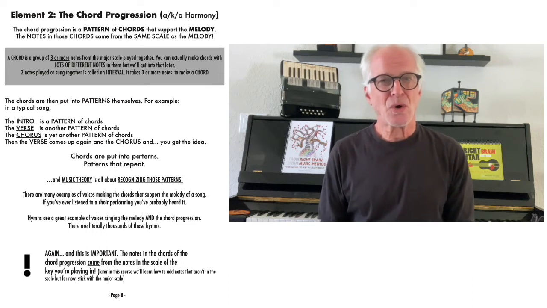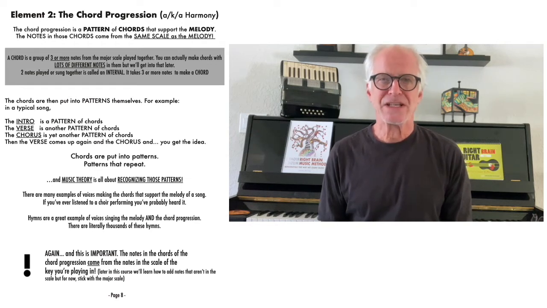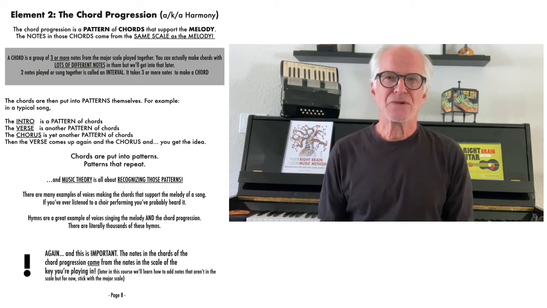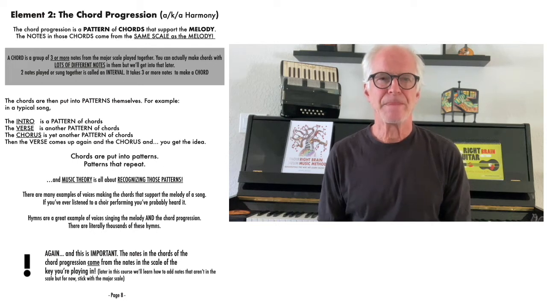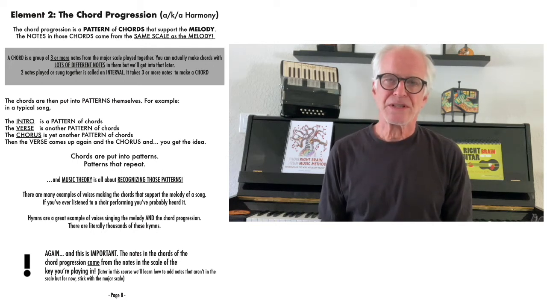Now, a chord is a group of 3 or more notes from the major scale played together. You can actually make chords with lots of different notes, but we'll get into that later on. 2 notes played together is called an interval. It takes 3 notes or more to make a chord.